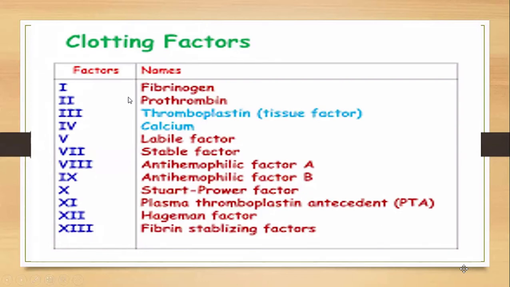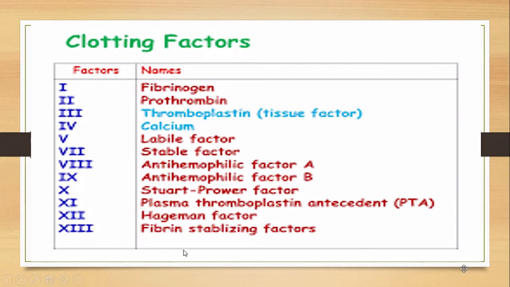Very popular is anti-hemophilic factor A, factor 8. Easy to remember, 8 and 9. This one, the anti-hemophilic factor B, Christmas. Fibrinogen, and calcium, because calcium is almost always present, whether it's in the intrinsic or the extrinsic pathway, added calcium.